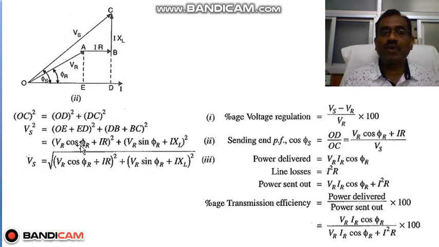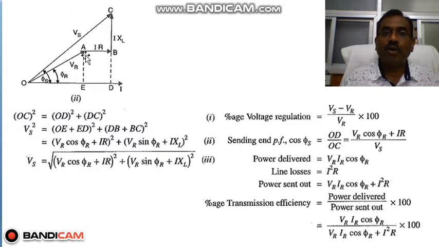So VR cos phi r plus ED, which is IR, whole square, plus, now you consider this is DB. So you consider this triangle OAE. DB is nothing but equal to AE.